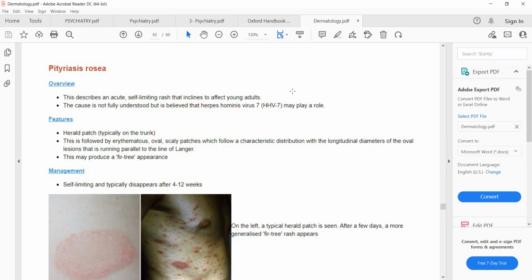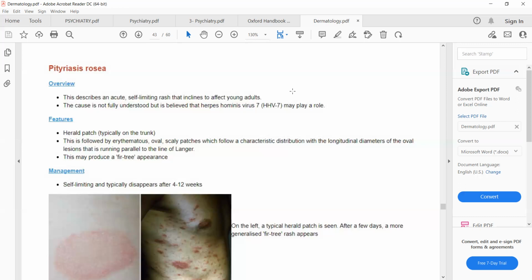Yes, versicolor means changing the color of the skin. So Pityriasis versicolor results in a hypopigmented area. It is basically a fungal infection, also known as Tinea versicolor, which results in the formation of a hypopigmented area on the trunk or on the skin, while Pityriasis Rosea is a different condition.